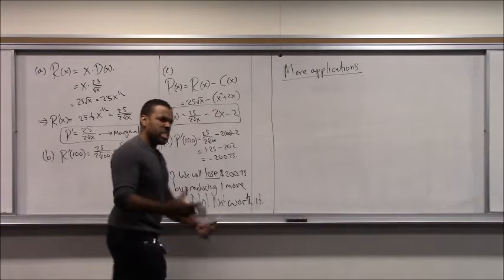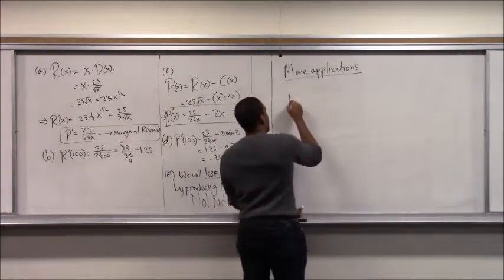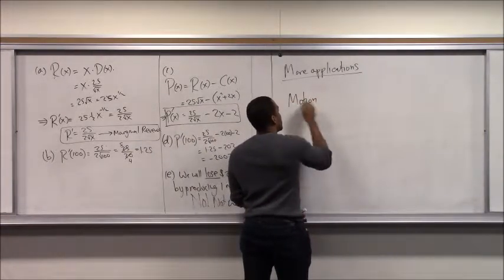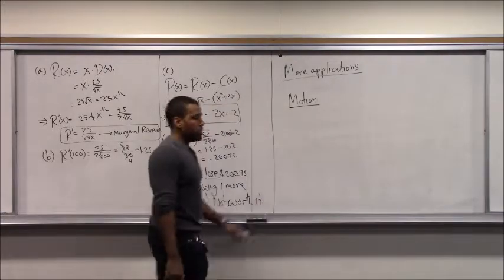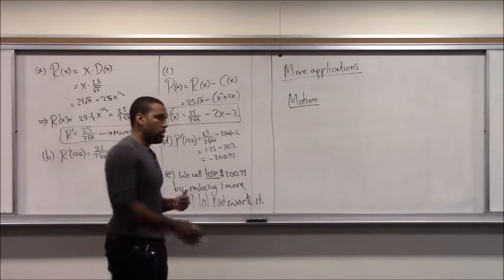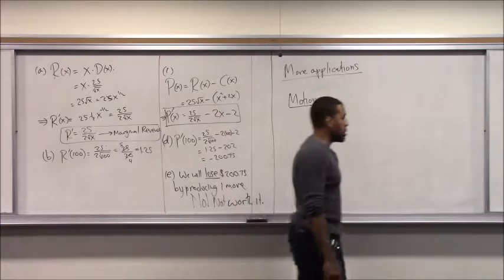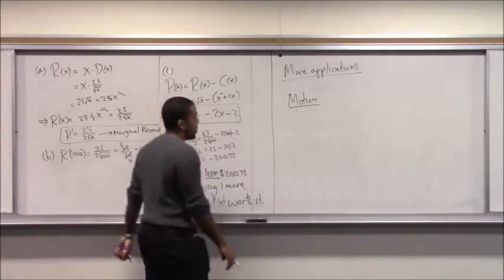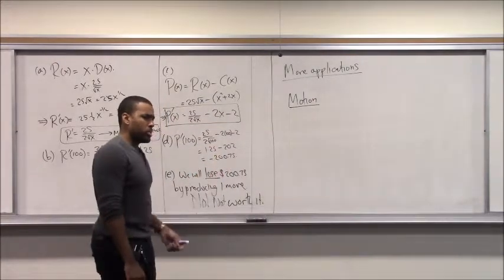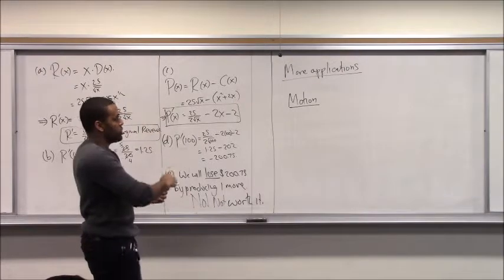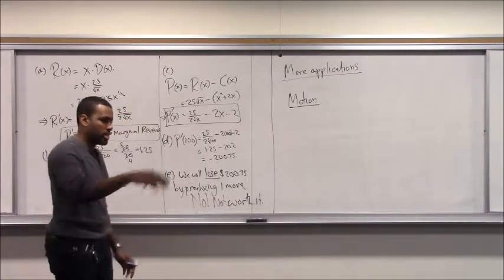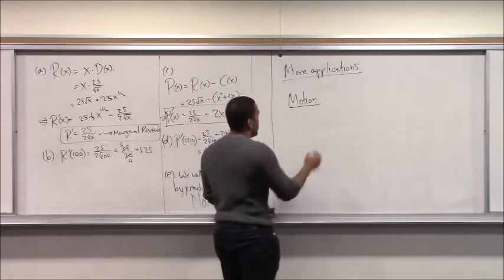This one is more physics kind of application. There's motion. This is when you're considering something like the position, the speed, and the acceleration of some object. We looked at that when we were talking about derivatives, right? We figured out that we could use slope to measure speed when we were tracking some object moving at a certain speed.